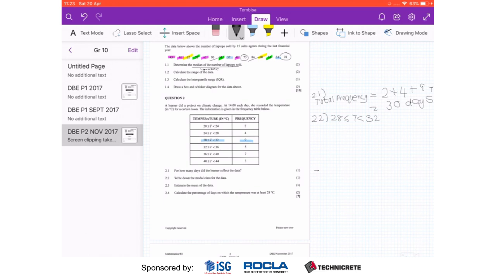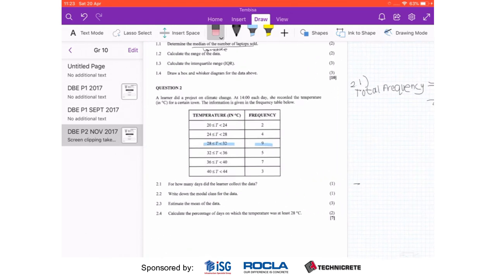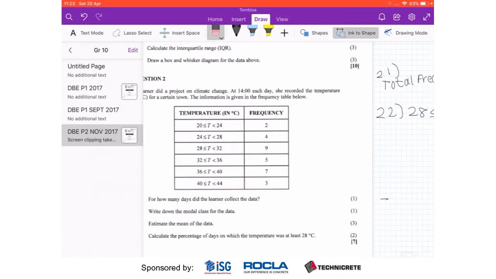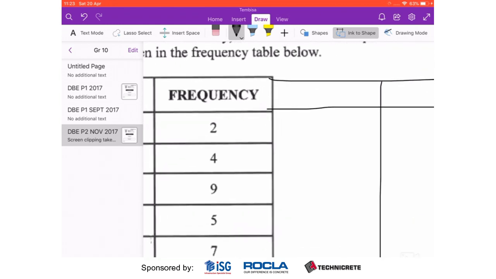Estimate the mean of the data. Now, how do we estimate mean, which is average? Remember that mean is average of this frequency table. So what we've got to do is, firstly, we have to create a new table. Okay, so we've got to add to this table and what we're wanting, firstly, is we want the midpoint of the interval.